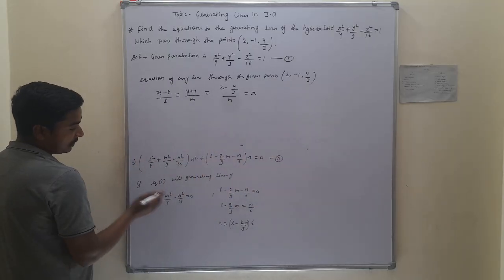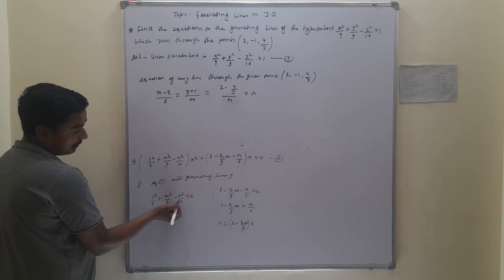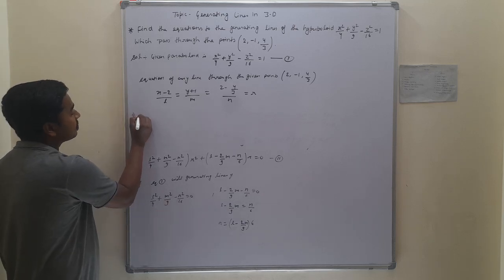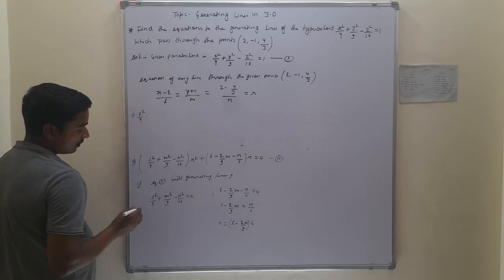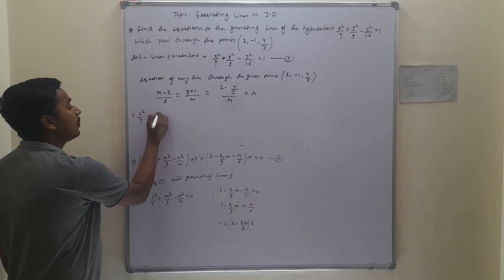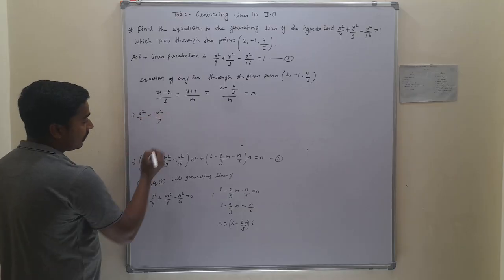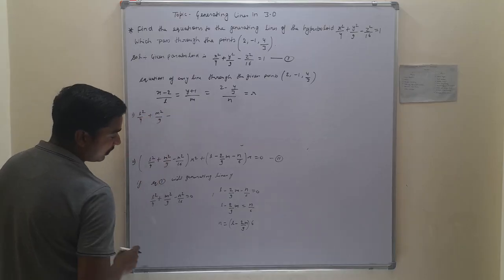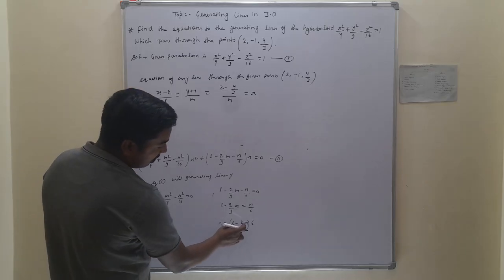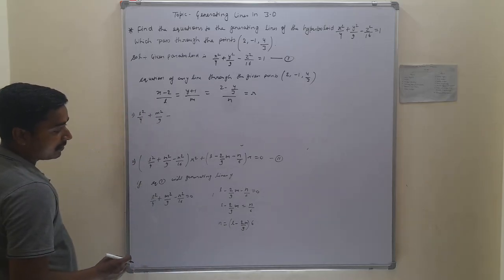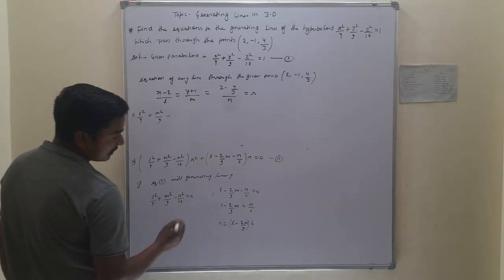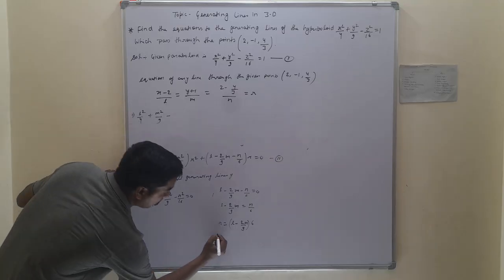We have to put n in the given equation. We get l square by 4 plus m square by 9 and minus n square. Here n is equal to l minus 2 by 9 into m into 6, and from here we have to get n square.